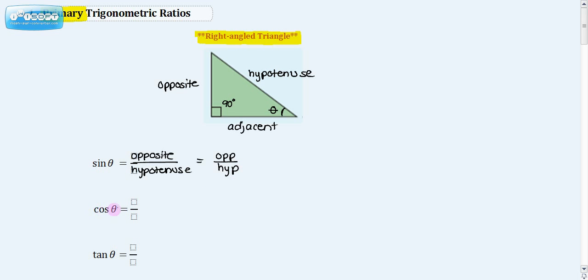Now my cosine theta is equal to the ratio of the adjacent side over the hypotenuse side. And last but not least, the tangent of theta is equal to the ratio of the adjacent side over the opposite side.